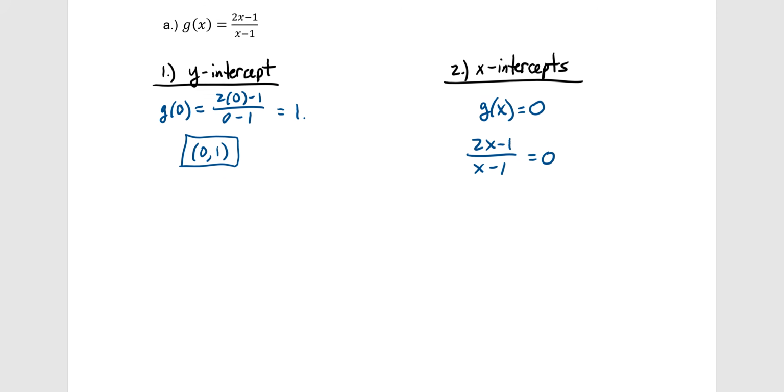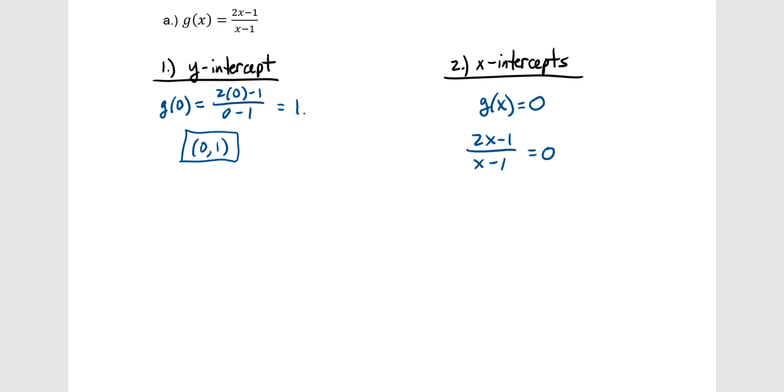So when we are trying to do this, we have to remember what we said on the previous page. We set the simplified numerator equal to 0. Since we couldn't cancel any factors, this is simplified, so we set this numerator equal to 0. And we solve this for x, so we would have to add 1 to both sides and then divide by 2. We would get x equals 1/2. So this would give us the coordinate 1/2, 0 for our x-intercept.